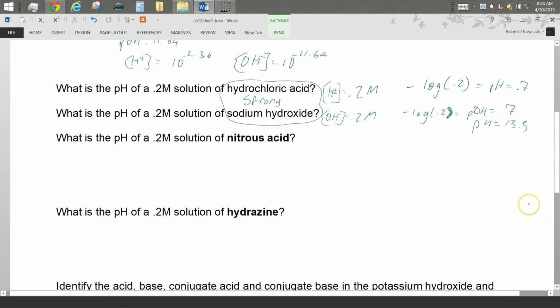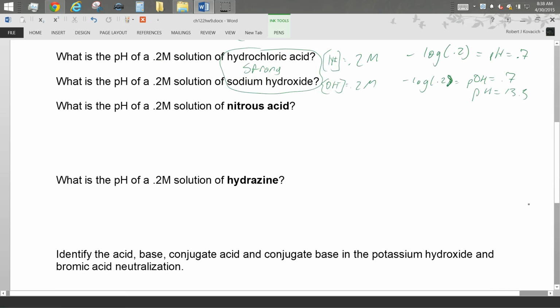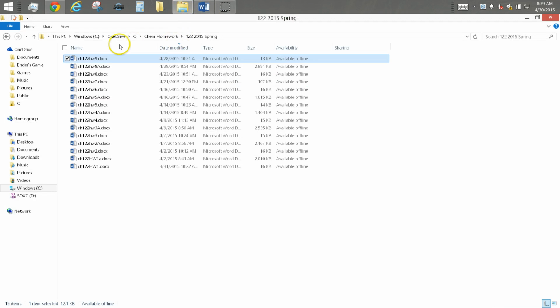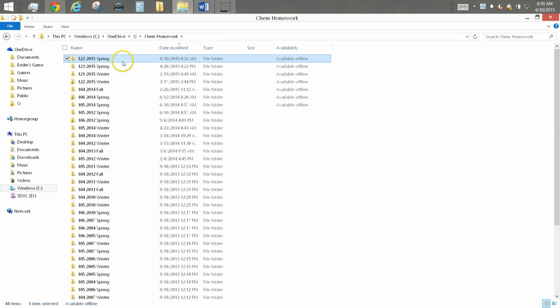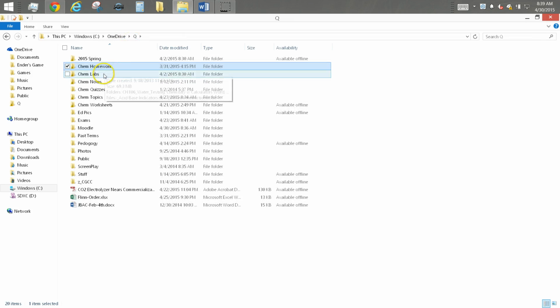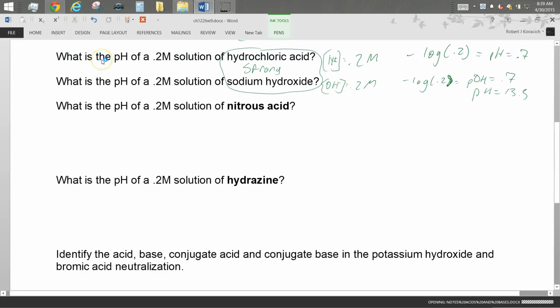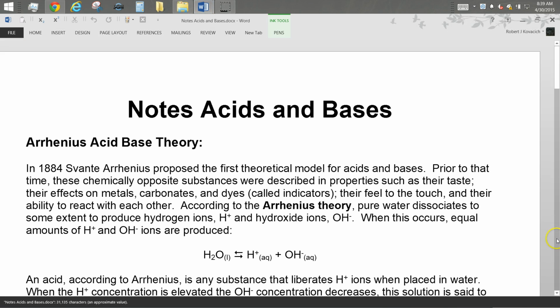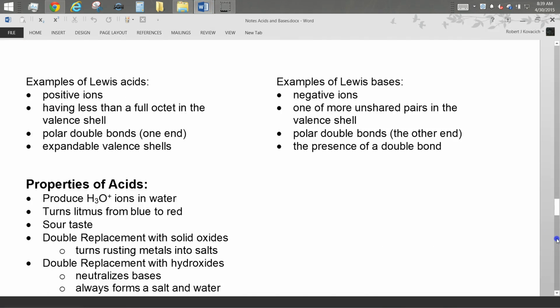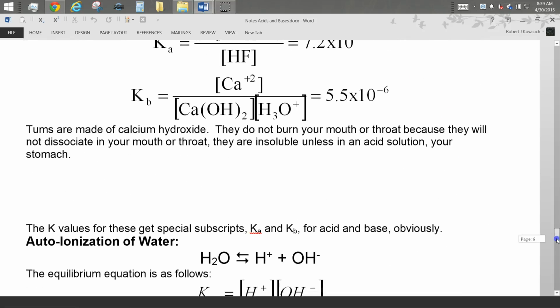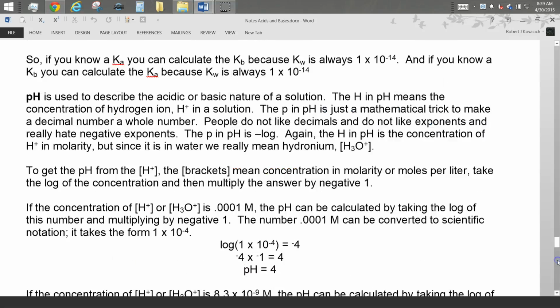Yeah, these are both weak. So we have to go through the process of squaring and square rooting the problem. What I need to do initially is look up what nitrous acid's Ka is. This is one of the last things we talked about when we left on Tuesday.